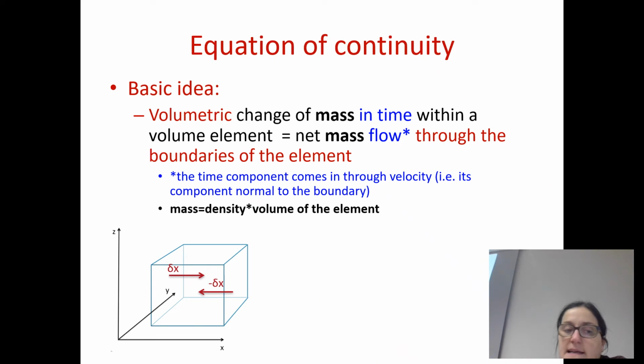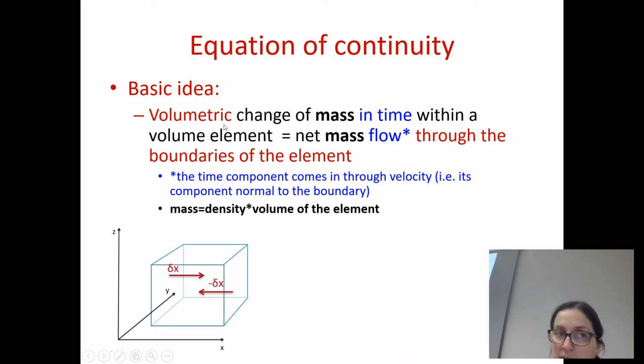The basic idea is, and I'm going to stick to the Cartesian coordinate system in proving main points, because the choice of a coordinate system is arbitrary. We would do a similar approach in a cylindrical coordinate system, but we would get a slightly different result in terms of the equation, which you can just look up.